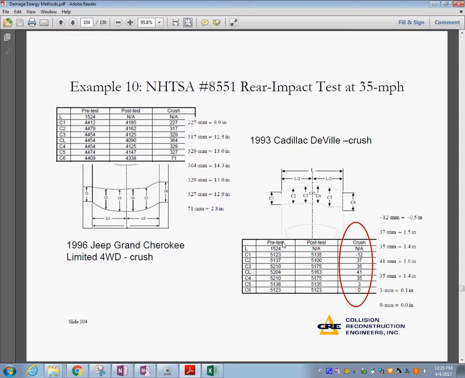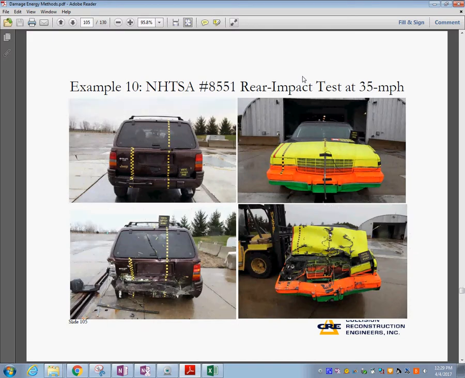So here's what we have. Cadillac DeVille, an impact on this other vehicle.